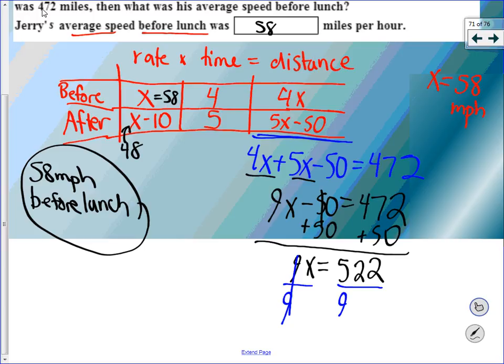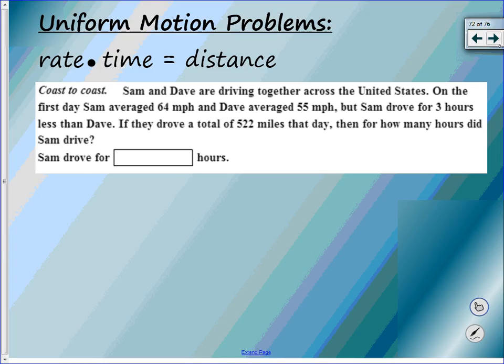Let's do another one. Okay, so again, whenever you start seeing miles per hour, feet per second, times, distances, that's going to be a uniform motion problem. So, does anyone want to read this one? Go ahead, Charlie.